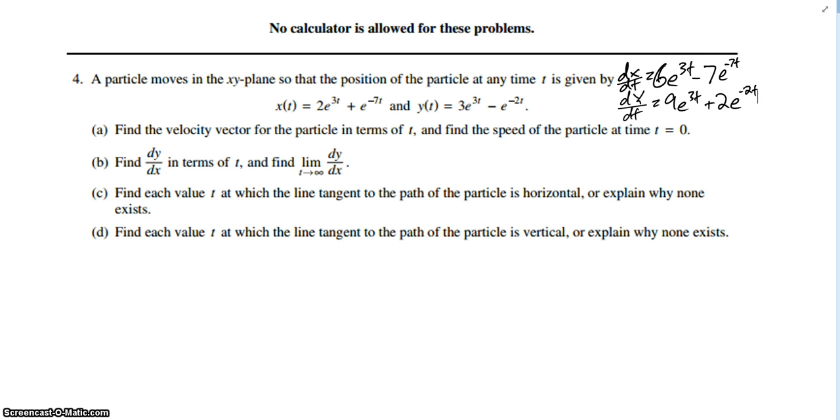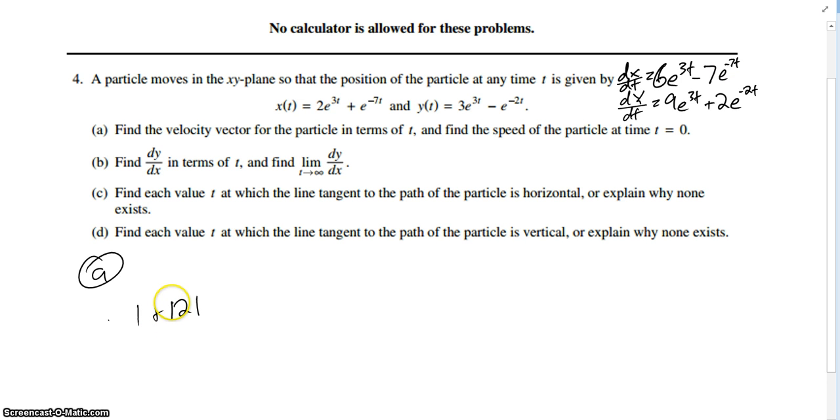So it's actually easier to find the speed of the particle at t equals 0, because you're just plugging in 0 for t, squaring the answers, and then taking the square root of those two added together. e to the 0 is always 1, so it's 6 minus 7, negative 1 squared, which is 1, plus 9 plus 2, which is 11, and 11 squared is 121.